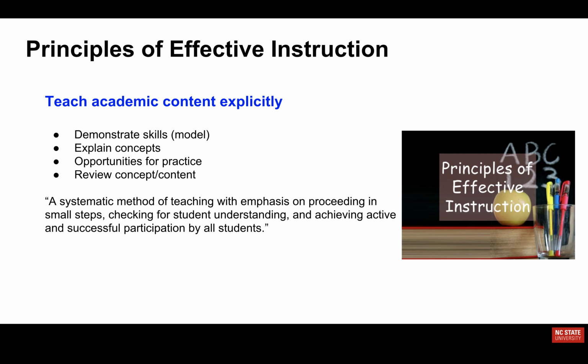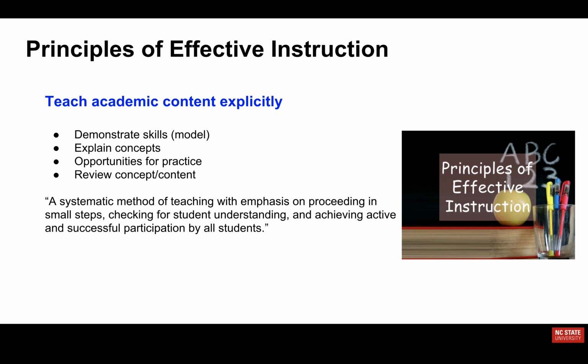So when you walk into those classrooms, teachers are modeling, right? And then they explain the concept. And then you give opportunities for practice. So your students break away into small groups, and then they come back and give responses and feedback about those particular problems or assignments, and then you review it all together.